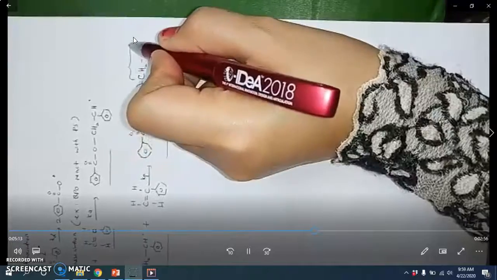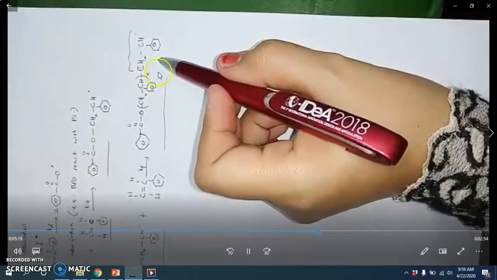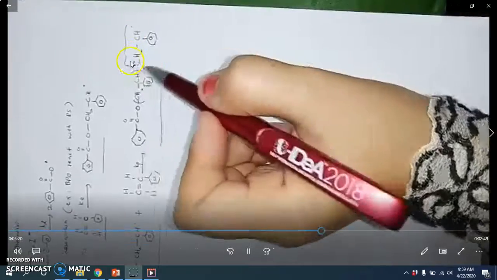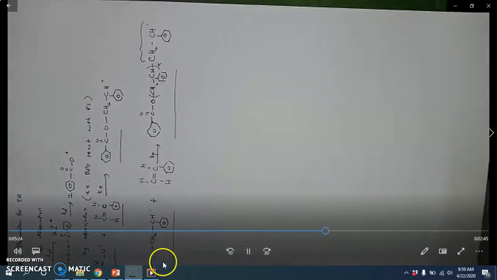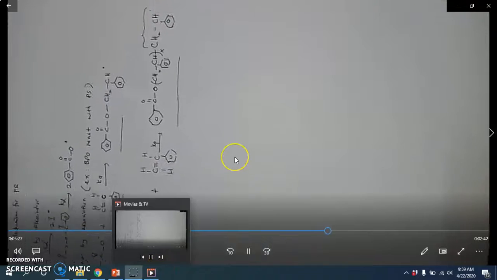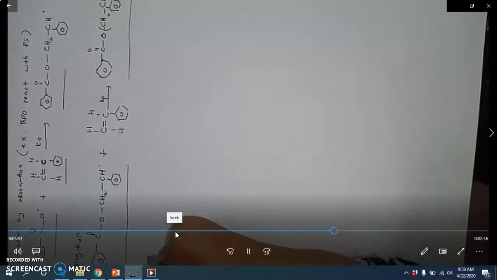So this CH2CH come from this monomer. Dia akan jadi makin panjang lah sikit reaction ni. Okay, propagation can be either head to tail or head to head.